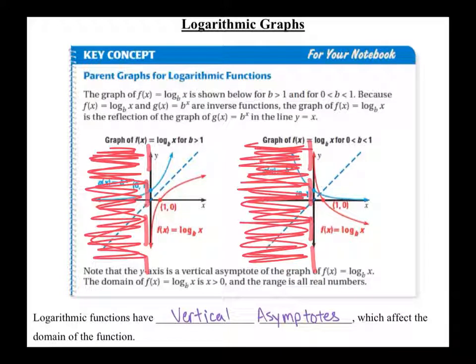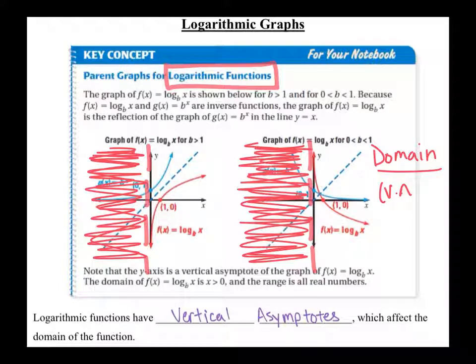Because of that vertical asymptote, that's going to affect the domain of your function. One more time, because they're inverses, for your log functions your domain is always going to be whatever your vertical asymptote is to positive infinity, because it's always going to be to the right of that vertical asymptote.